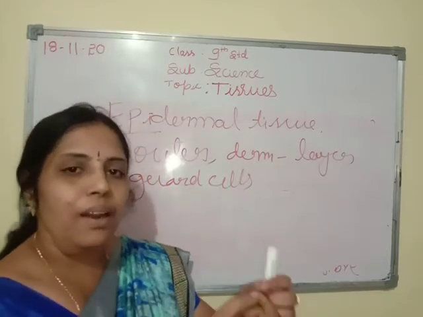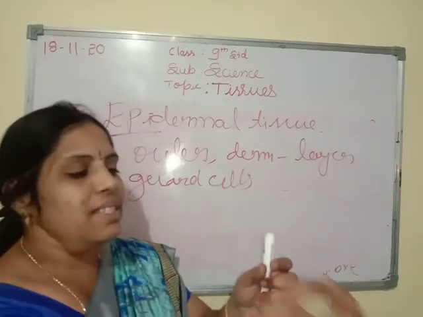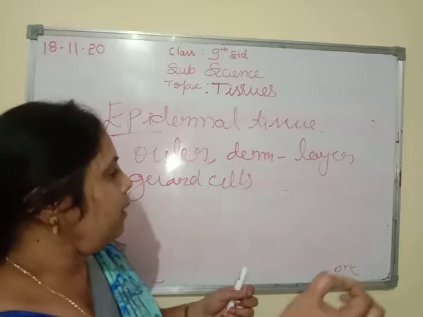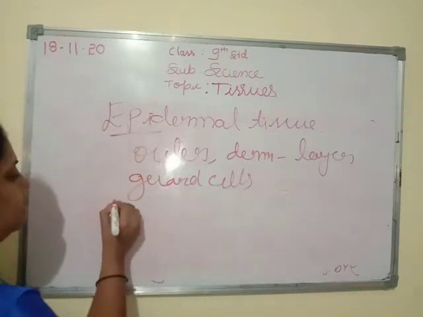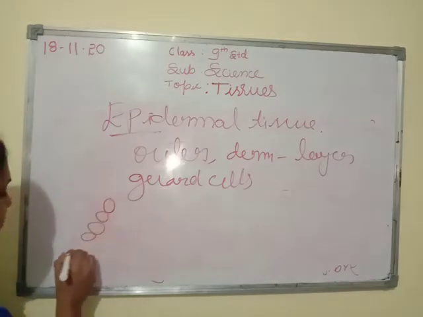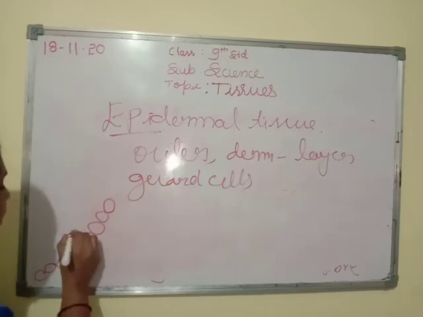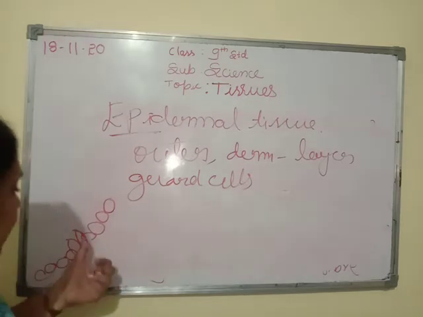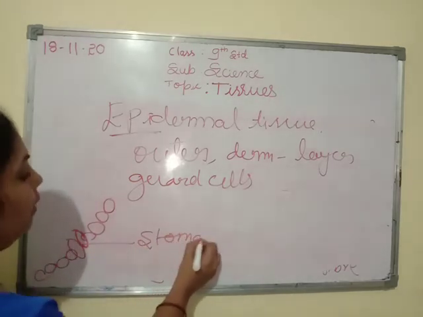It is possible to identify the cells only under the microscope. When the same tissue is kept under the microscope, we can see the cells like this. In between the cells we can see a structure like this. This structure is known as stomata.